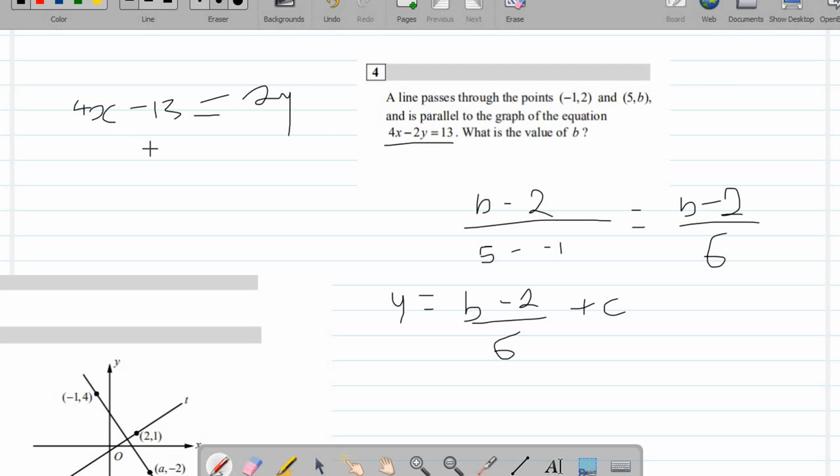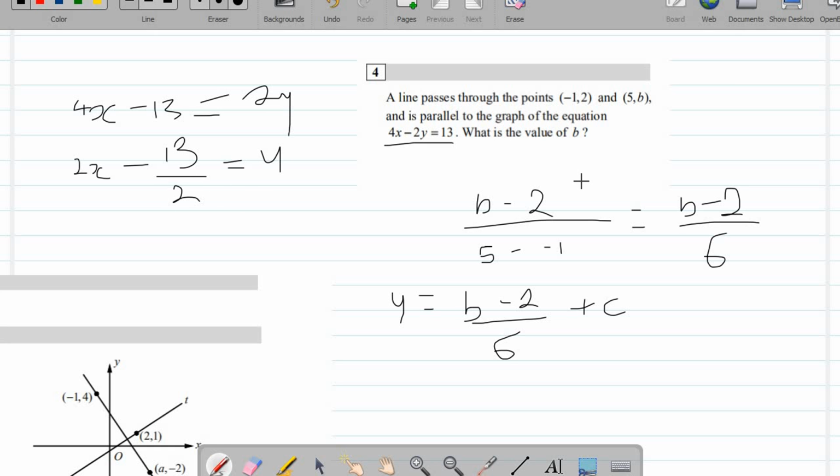So if you divide everything by 2, you have 4 over 2x, that's 2x, minus 13 over 2, everything divided by 2, that's equal to y. Alright, so you have 2x minus 13 over 2. So you know that your c is minus 13 over 2, definitely.